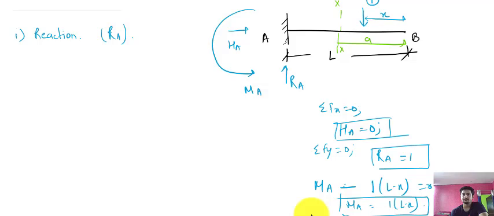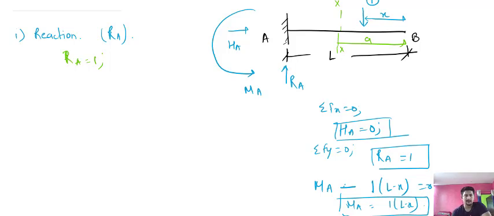For reactions, how will you make the influence line diagram? As you have the value of Ra equal to 1, here there is no term of x, and with reference to a and L there is no term here, so we have the value of Ra as 1.